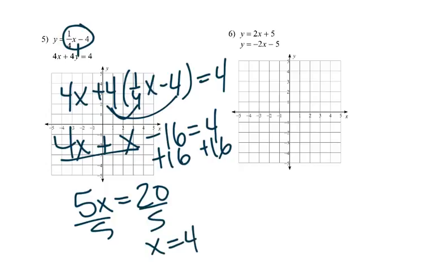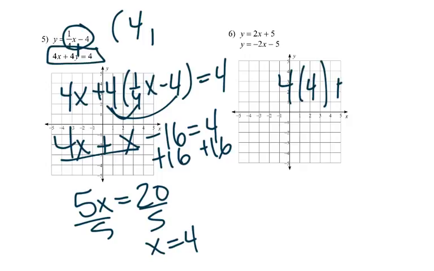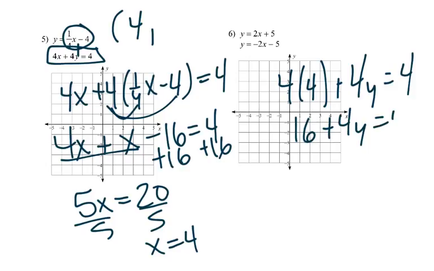So right off the bat, I know this is not infinite solutions. It is also not going to be no solution. There is one solution here, because I already have one value. Okay, then I pick another one of these. I'm going to go with this one. Substitute 4 in for x. Then I get 16 plus 4y equals 4.